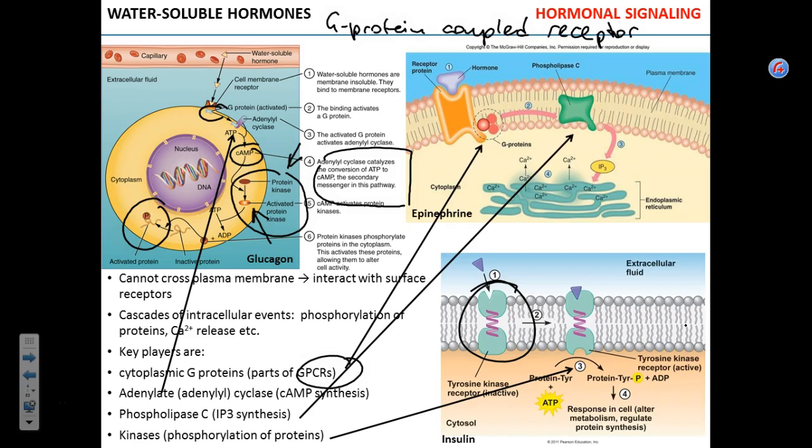Another outcome of the activation of G protein is that G protein can activate another enzyme called phospholipase. Phospholipase produces a chemical called phosphatidylinositol trisphosphate. You don't have to memorize that name. IP3.